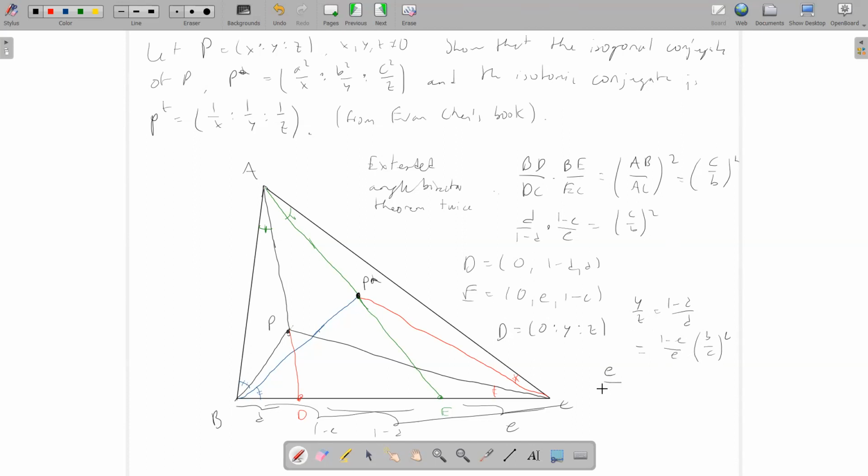Now, this means E over 1 minus E equals B over C squared, Y over Z.